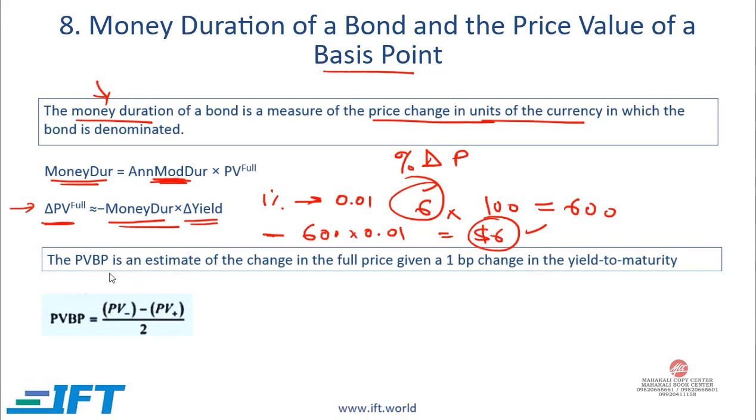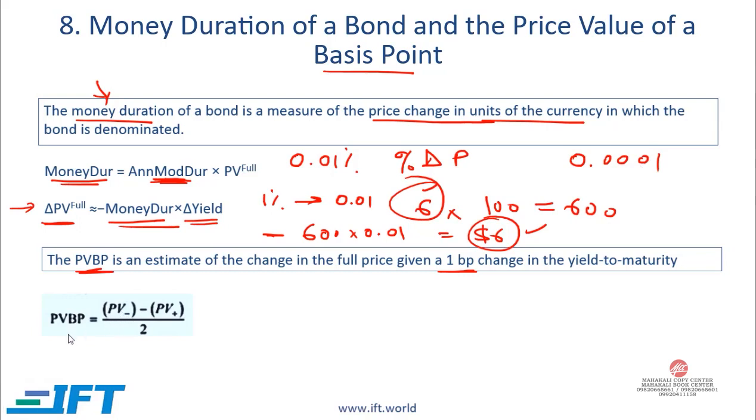The price value of a basis point is an estimate of the change in the full price given a 1 basis point change in the yield to maturity. There are two ways of coming up with the price value of a basis point. One is to take the money duration and then use a change in yield of 0.01%, which is the same as 0.0001.